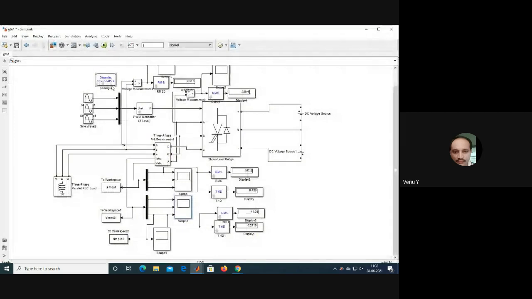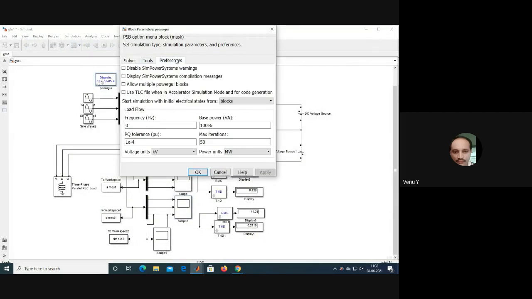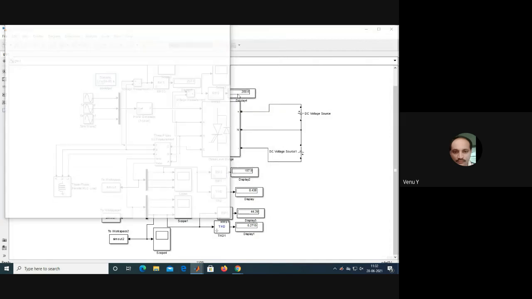Now let us look at the FFT analysis, 50 Hz, FFT analysis.